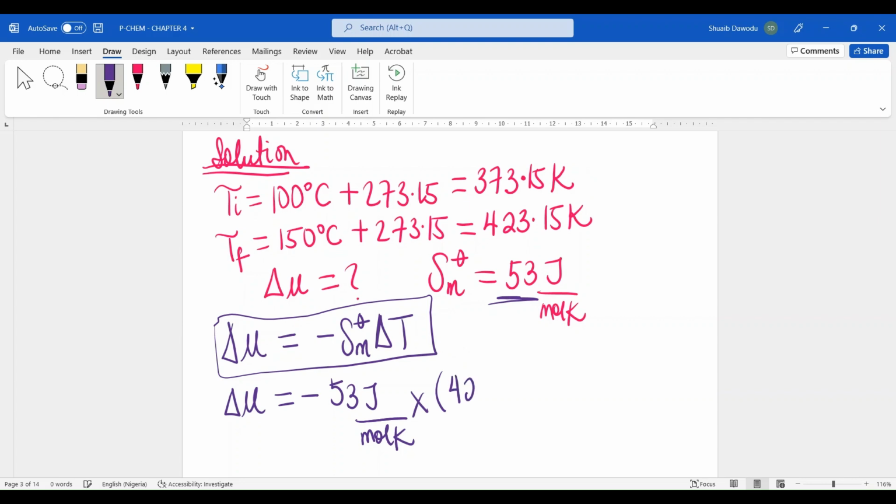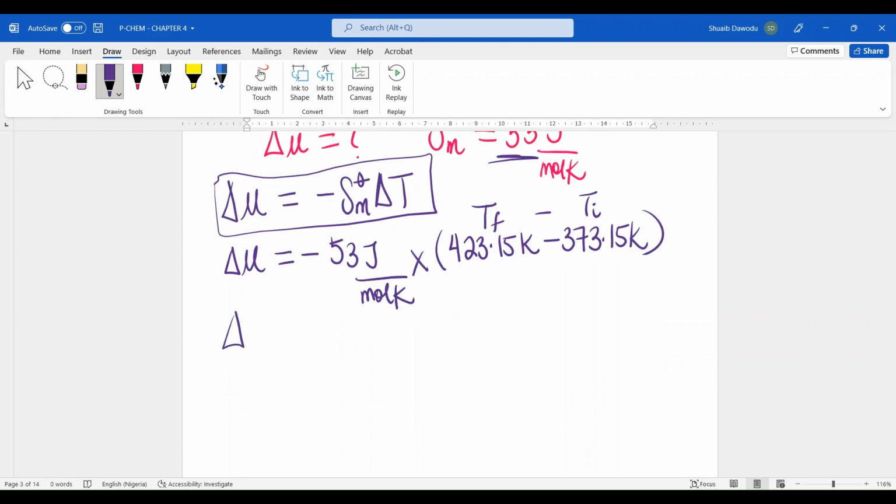So you have change in chemical potential becomes minus 53 joule per mole Kelvin times change in temperature, which is T final minus T initial. So that would be 423.15 Kelvin minus 373.15 Kelvin. So this is T final minus T initial. So you have the change in chemical potential, which will be negative 53 joule per mole Kelvin times 423 minus 373, which is 50.00 Kelvin.